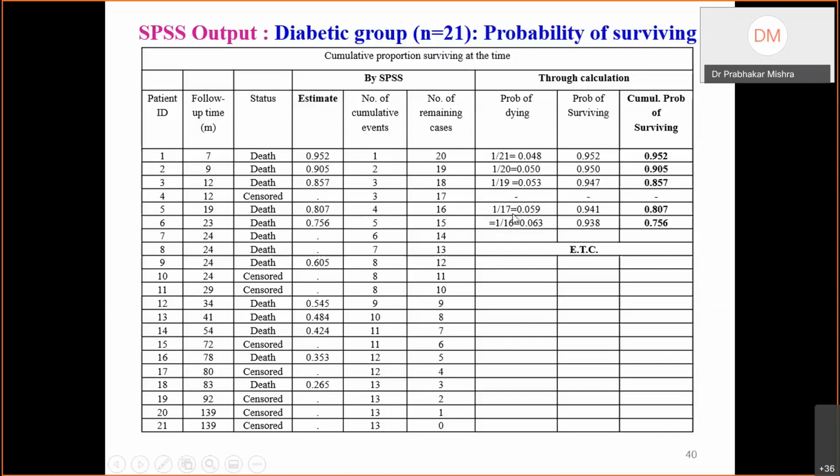So here 17 patients were remaining, one died in this group, 1 by 17 is 0.059. 1 minus this equals 0.941. So this multiplied by this equals this. So this is the cumulative probability of survival of the patient.